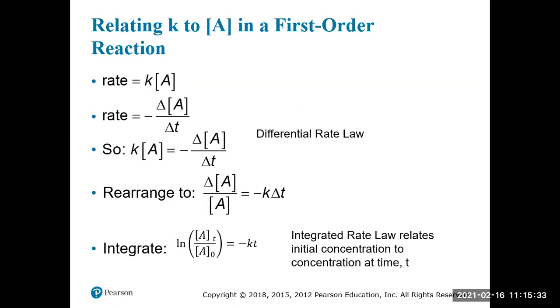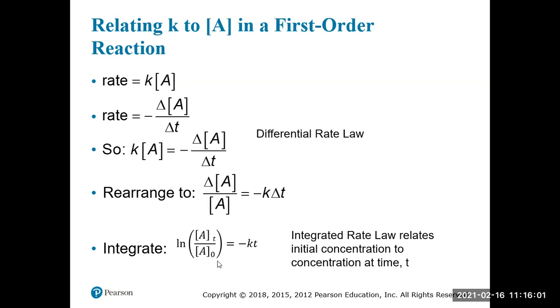We can rearrange that to where we have both of the concentration terms on the left and then our rate constant and our change in time over on the right-hand side. If you think back to calculus, you can use some of that information when you talk about having changes, and you can then rewrite the equation as below.